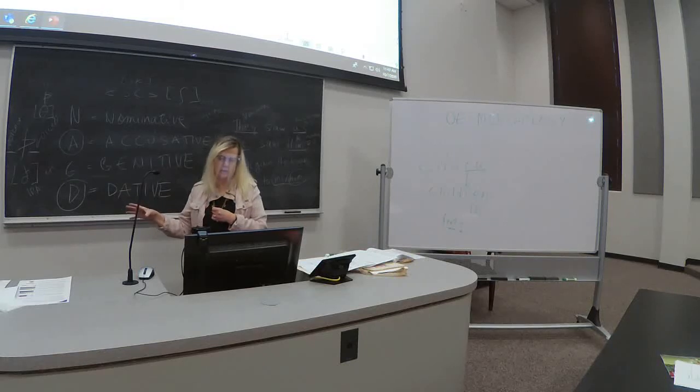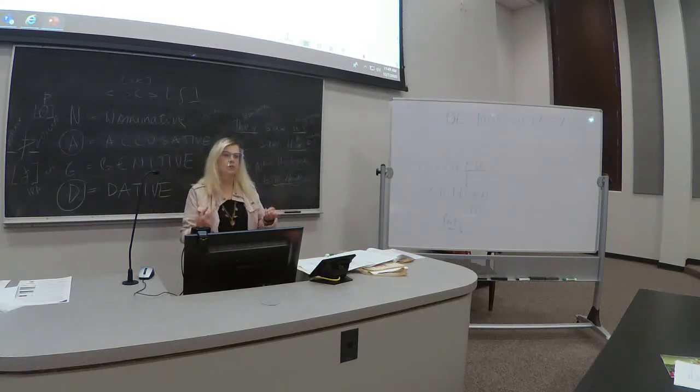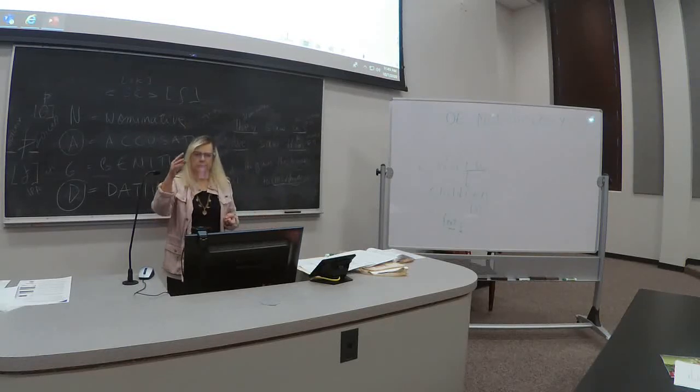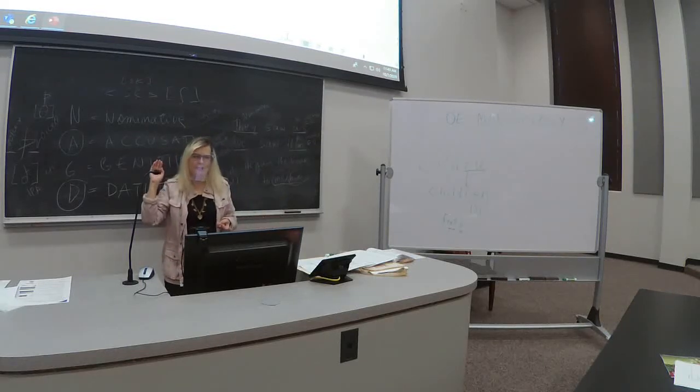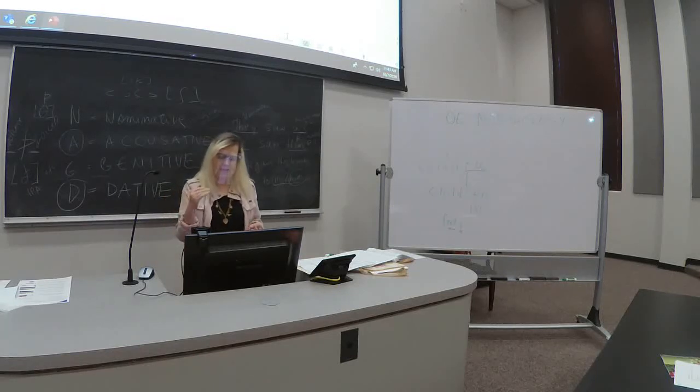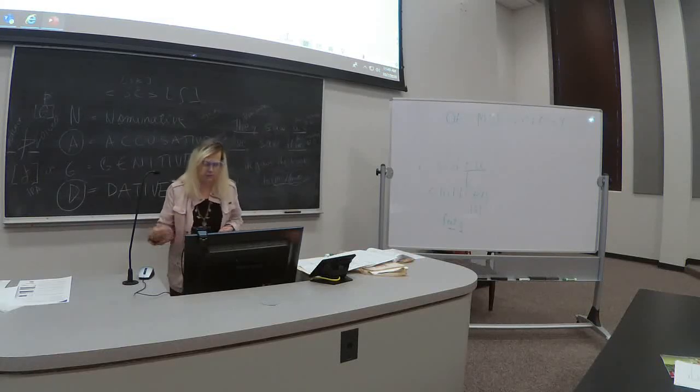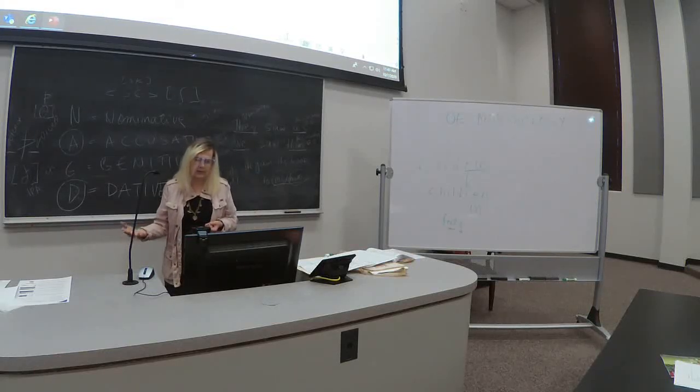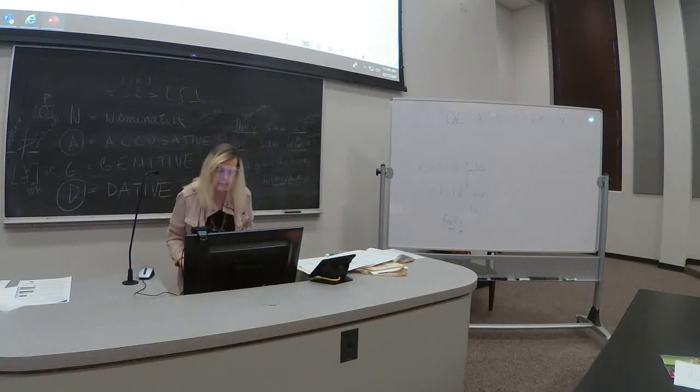A teacher would be in the nominative case. And also when you are using the vocative, like, teacher, I have a question. Genitive has 5 different functions. Dative has 6 different functions. And accusative has 3 different functions.